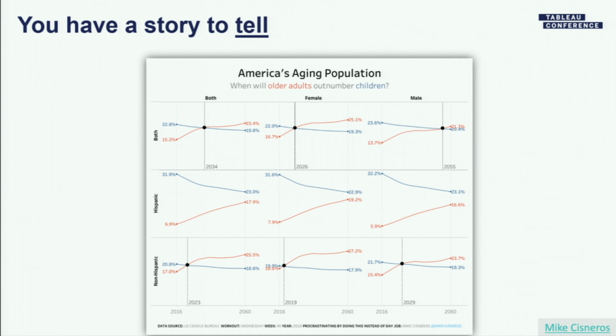First is you have a story to tell. In this example, Mike, one of the Tableau Zen Masters I learned a lot from, has a story to tell. You can see there's very little interactivity, but the grids and the reference line allow you to see very clearly the conclusion that he's trying to lay out about when the aging population of Americans will go across the younger children.